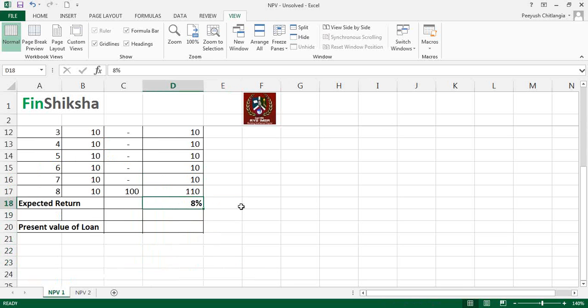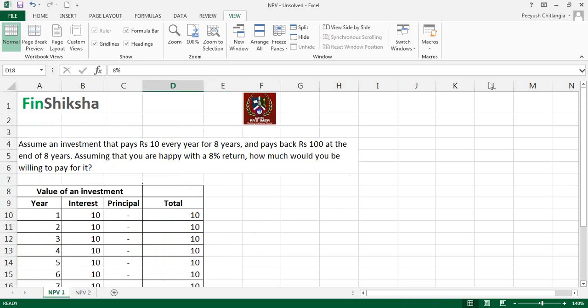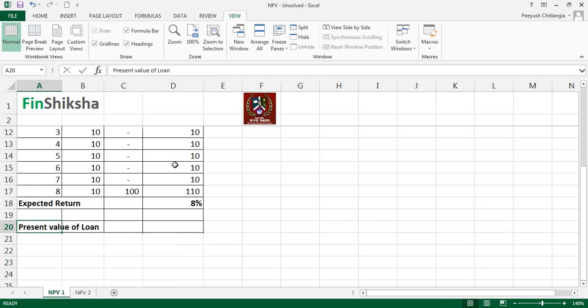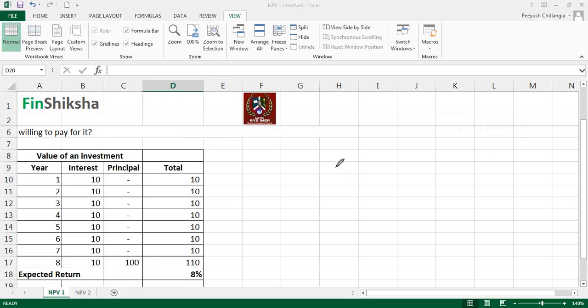So this is the series of cash flows that you find, right? Now, the expected return that you have is 8%. So present value is what you are going to consider. This should be the present value of the investment. Now, in a sense, what we are trying to say is that if there was an instrument that was to give you 110 rupees next year and you expected a return of 10% from this, you would have been investing 100 bucks into this.